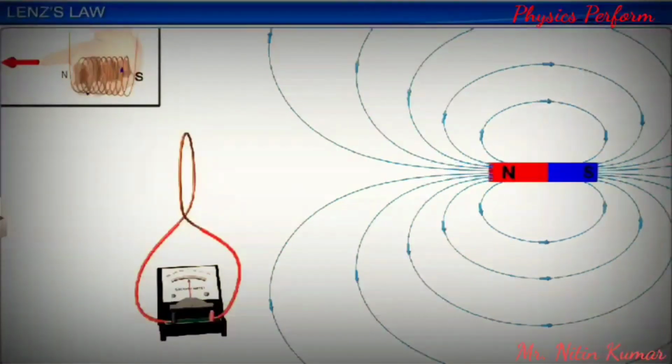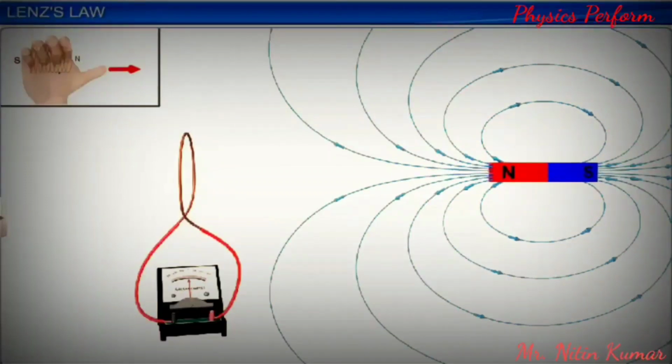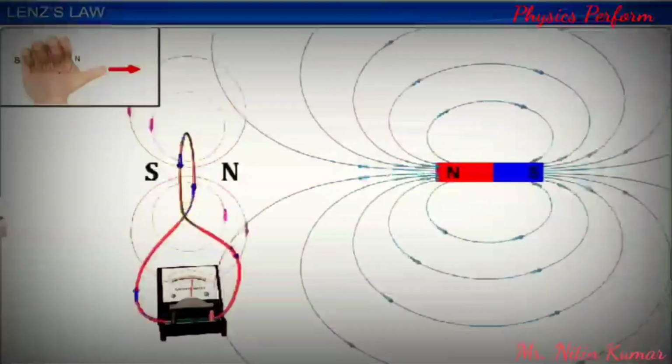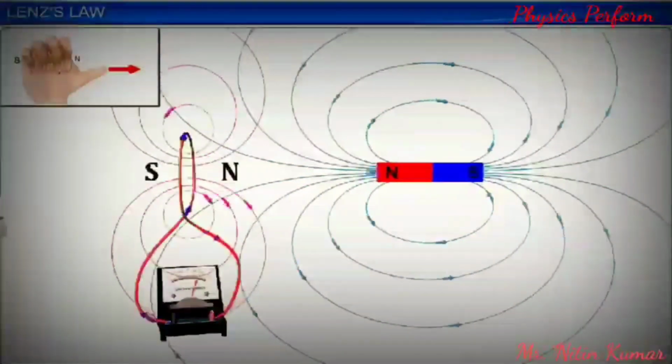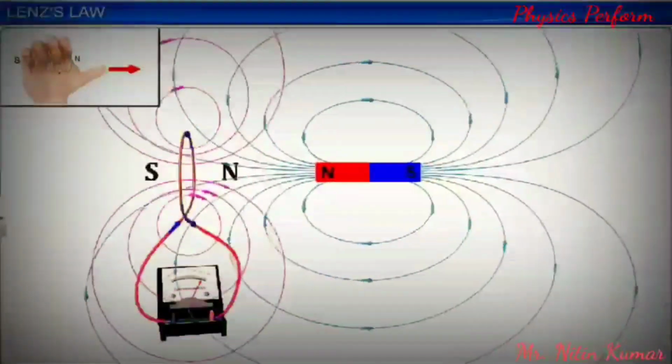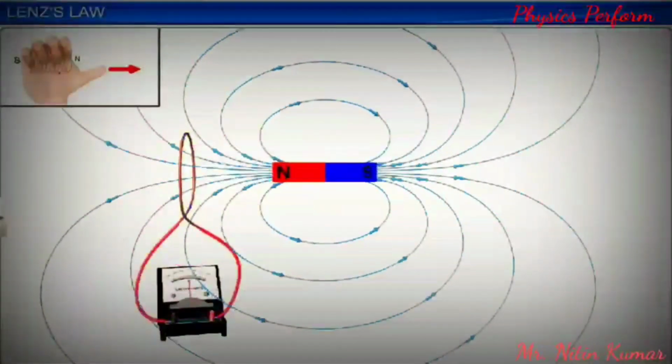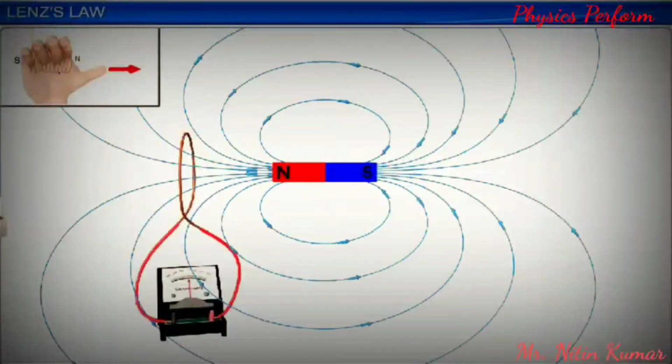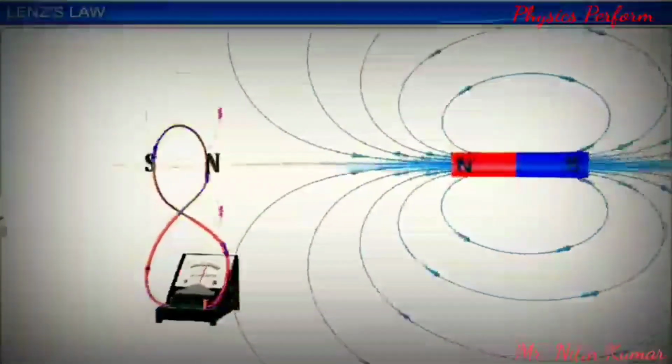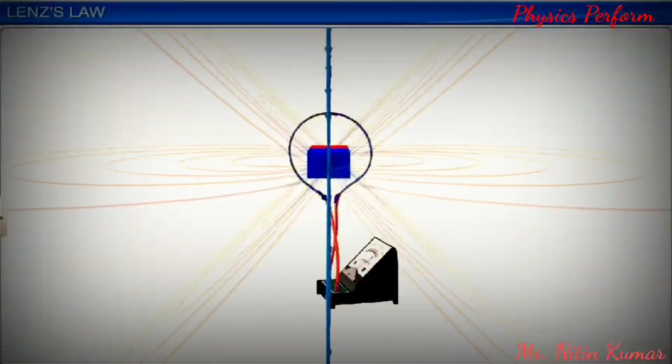A bar magnet with its north pole facing the coil is moved towards the coil. This causes the magnetic flux through the coil to increase. A current is induced in the coil which opposes this increase in flux. The induced current is in a counterclockwise direction, looking from the bar magnet side.